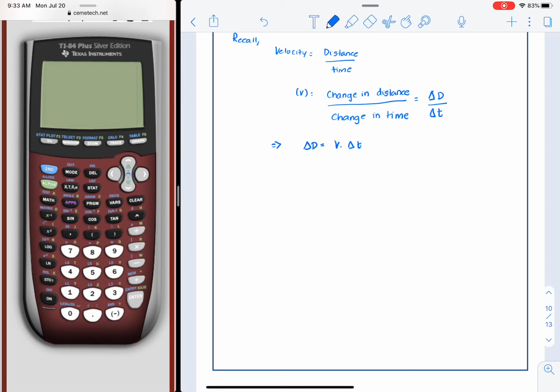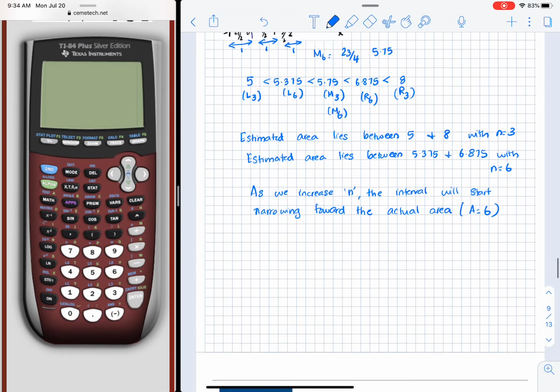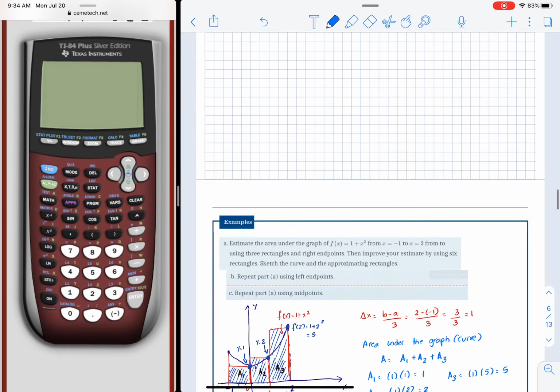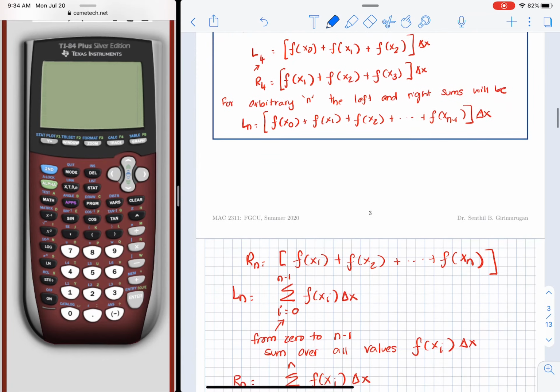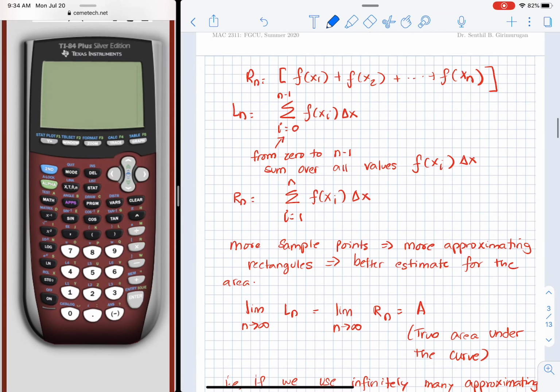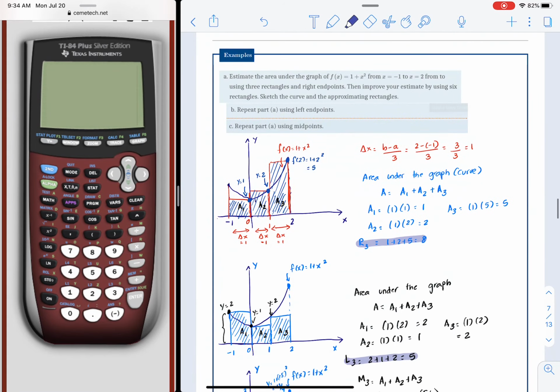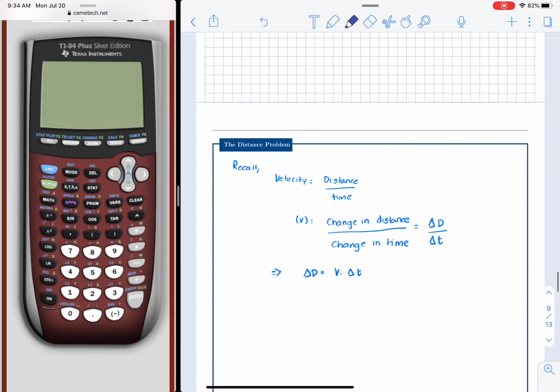So now you can connect the dots between this approach here and the definitions that we used here for the left and right sum. You could see that I have f of x at specified points and delta x. So I'm going to use the same trick.